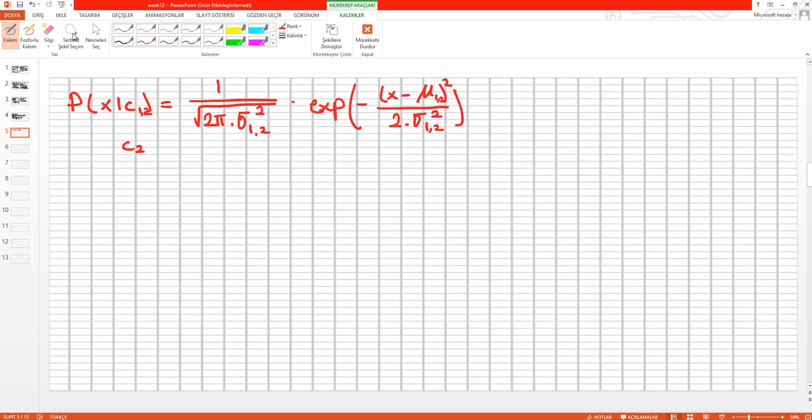The same formulation is given for C2, with subscript 2. This is called the likelihood function.